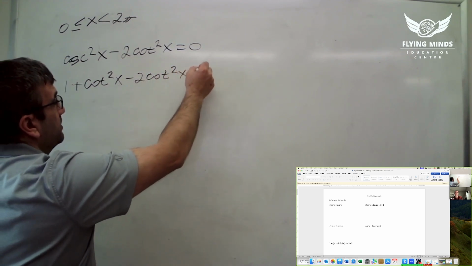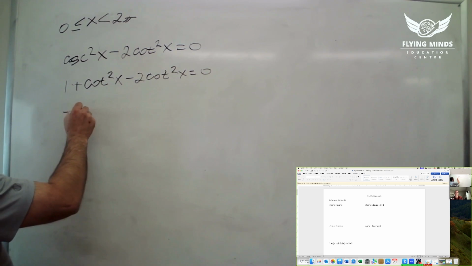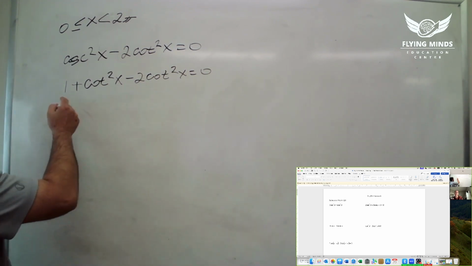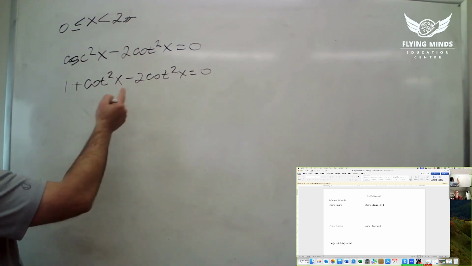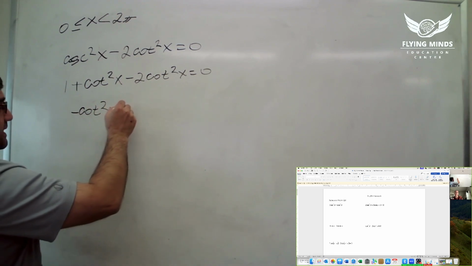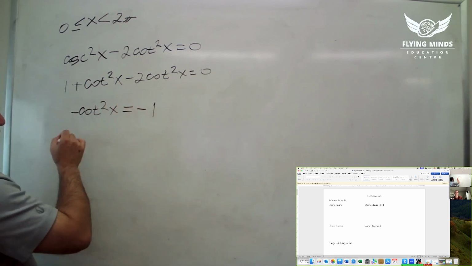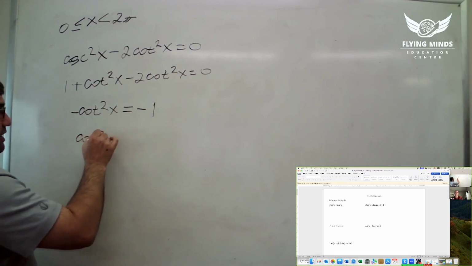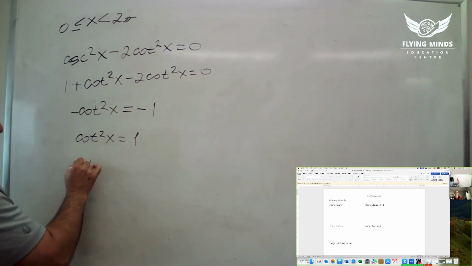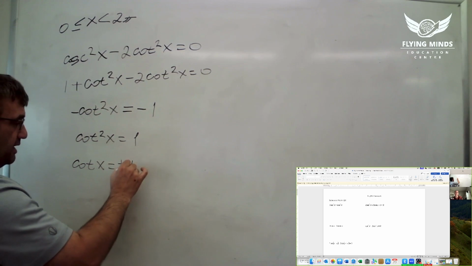And then what do we have? We combine like terms: 1 cotangent squared minus 2 cotangent squared will be negative cotangent squared x equals negative 1, or cotangent squared x equals 1, or cotangent x equals plus or minus 1.